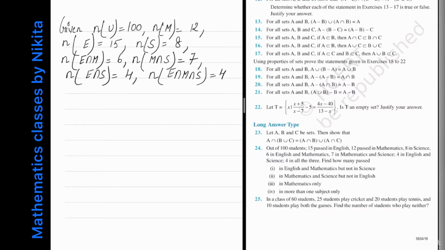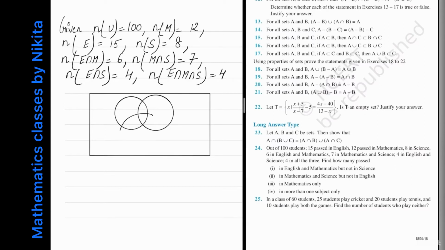Okay, now first of all let's draw the Venn diagram so the things are clear to you. Suppose this is the set for English, E, the first circle, second circle for maths, and the third circle is for science.